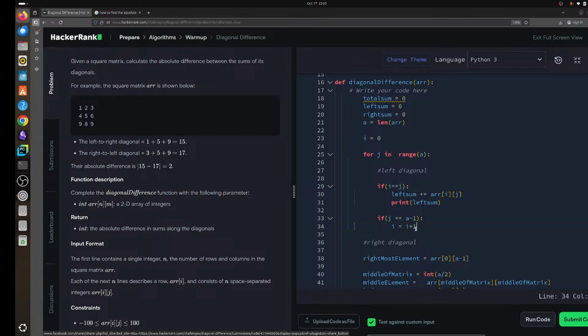Then i will increase. Yes, obviously. I become 1, I become 2, right?